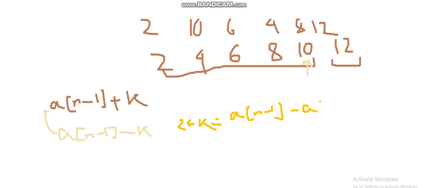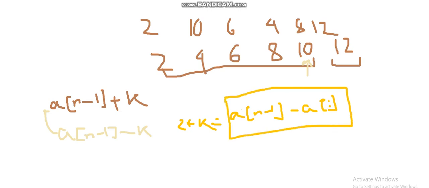I think you got it. The first part is that this thing has to be even, and this thing also has to be greater than 0 because k is greater than 0. So we will check that if this thing is even and greater than 0, then we take this divided by 2 as k.